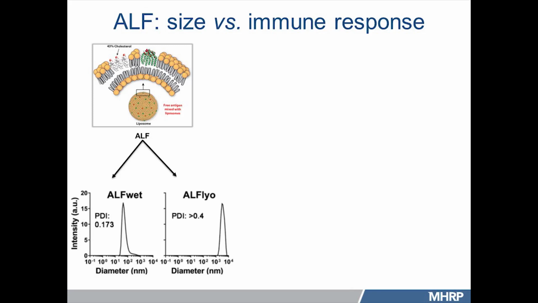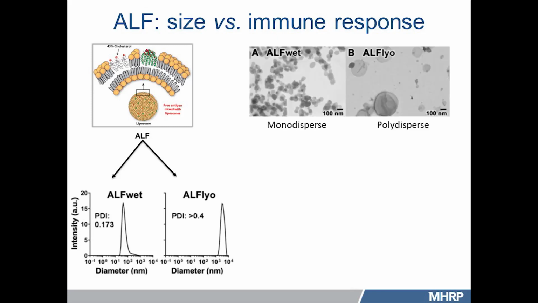So in order to look at the size distribution of this formulation, we used EM. The electron microscope shows a monodisperse, homogeneous distribution of these particles in ALF wet, while there is a range from quite large to small sizes in case of ALF Lyo, suggesting that they are polydisperse in nature. So when we use identical amounts of ALF wet and ALF Lyo with two different antigens, we end up having two different results.